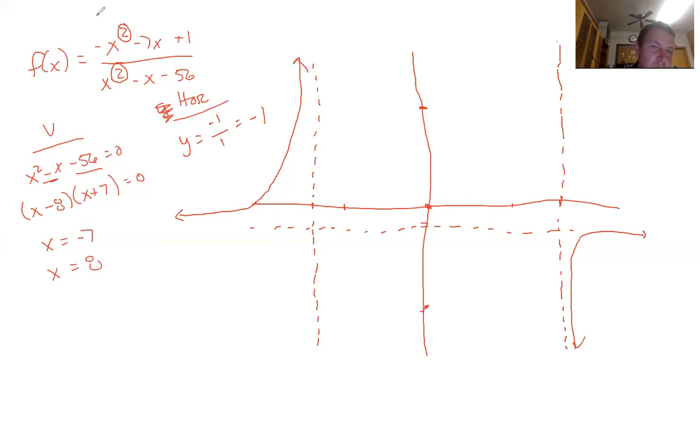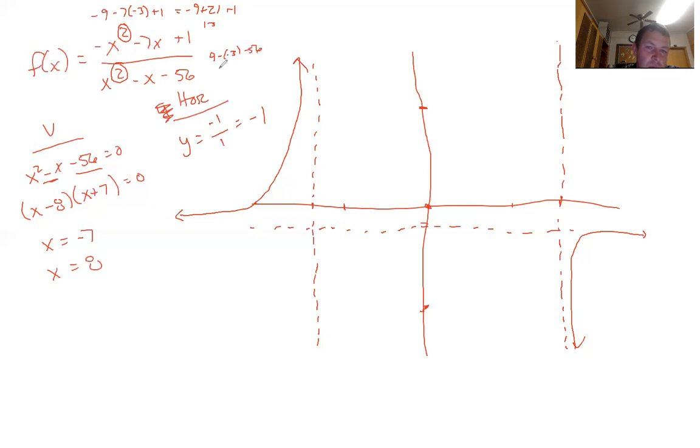So -3 squared is 9. So that'd be -9 minus 7 times -3 is +21, plus 1, which on top would be -9 plus 21 plus 1, which would be positive. So that would be 13 up top. -3 squared is 9 minus -3 minus 56.